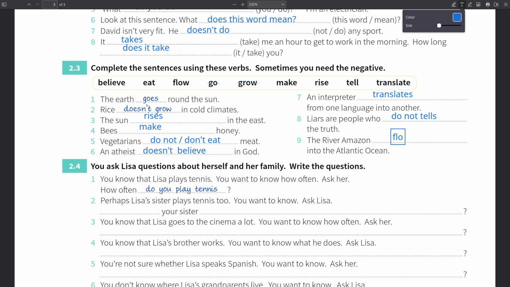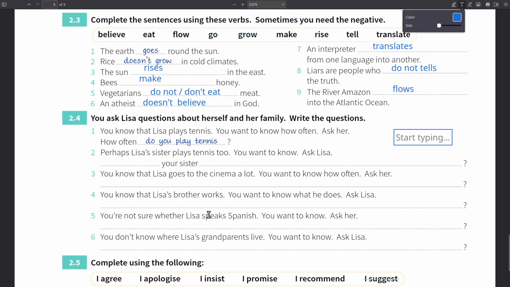It means like go through, into the Atlantic Ocean. Next, you ask Lisa a question about herself and her family, right? The question. This one is a good one.